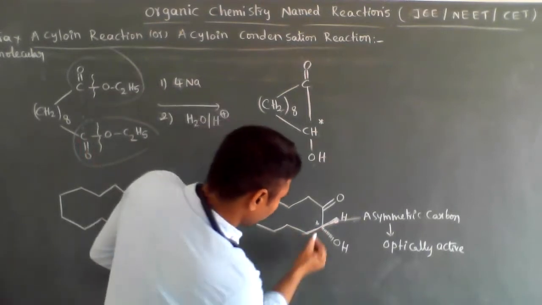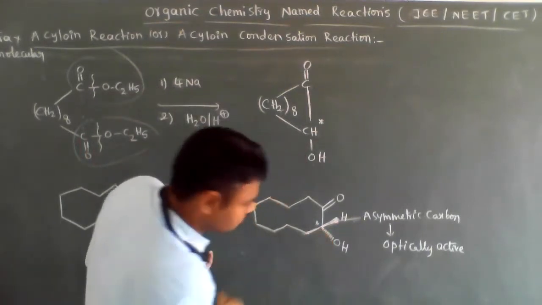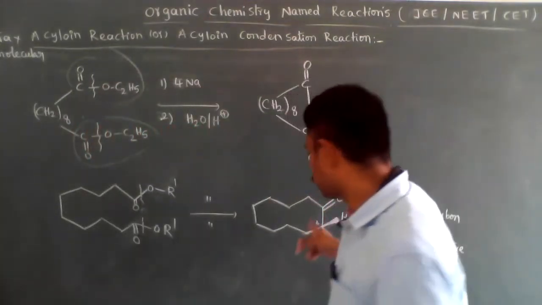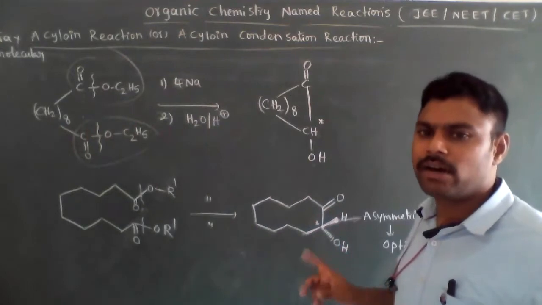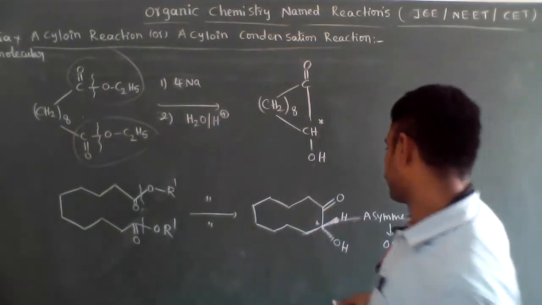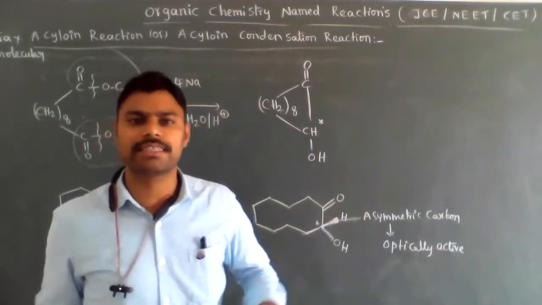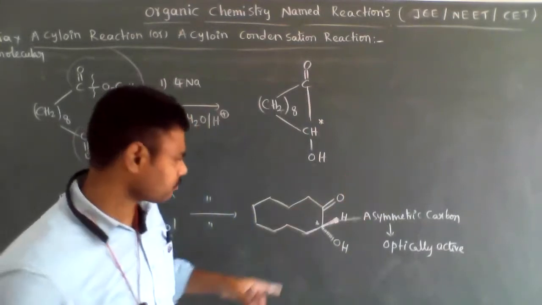Now we need to find the priority of the 4 groups, based on their atomic numbers as well as atomic weights. If isotopes are present, then we need to consider atomic weights.